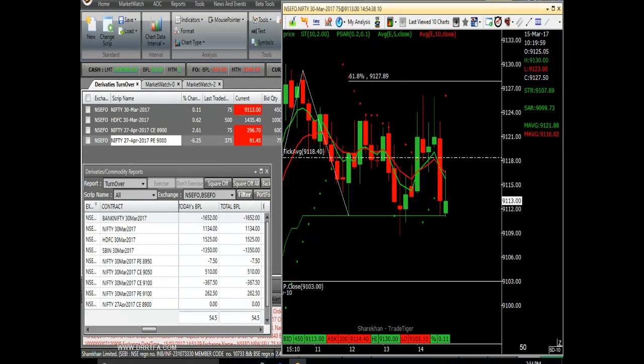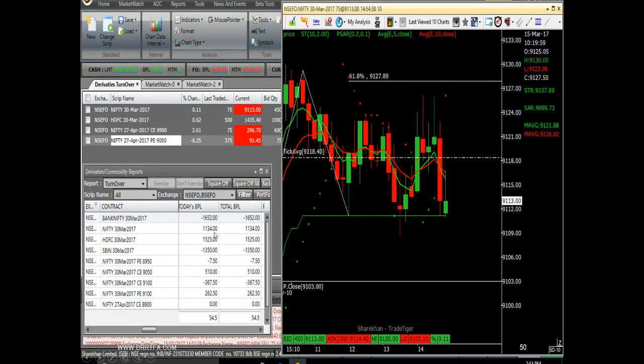You have seen the profits, but you also need to see the losses. It's not that you will make money every day. But as we have explained in our mechanism and the dynamics of the market, whenever you are making, you should make more, and whenever you are losing, you should lose less. Like in this case, in Bank Nifty, I lost 1,652.